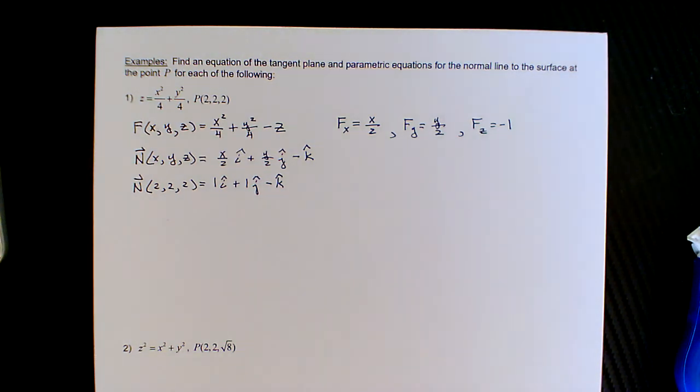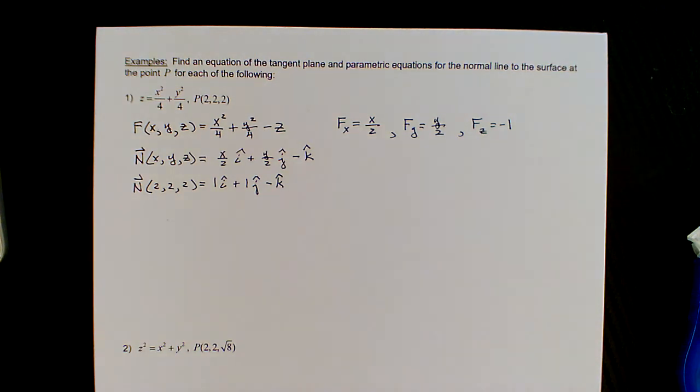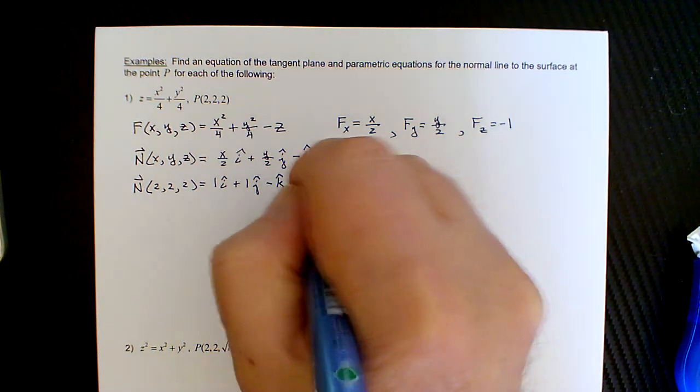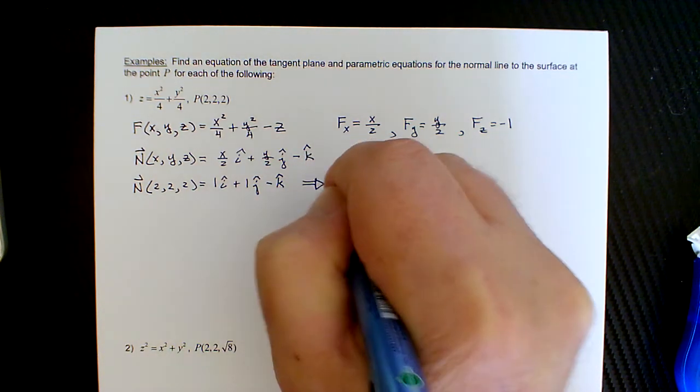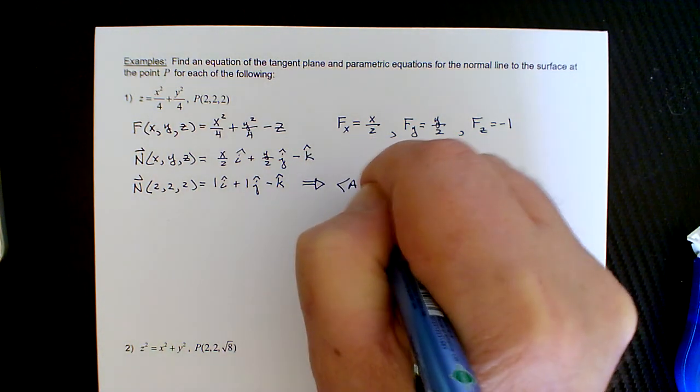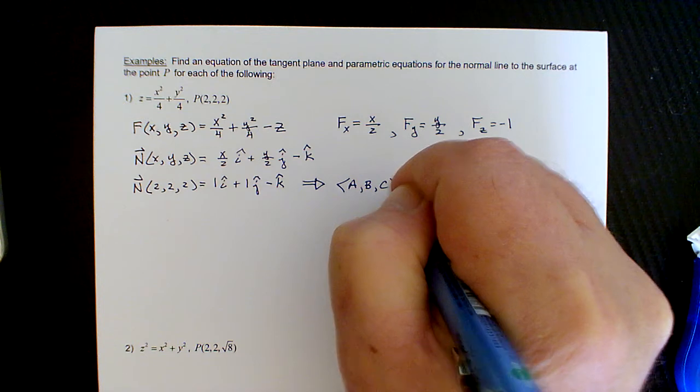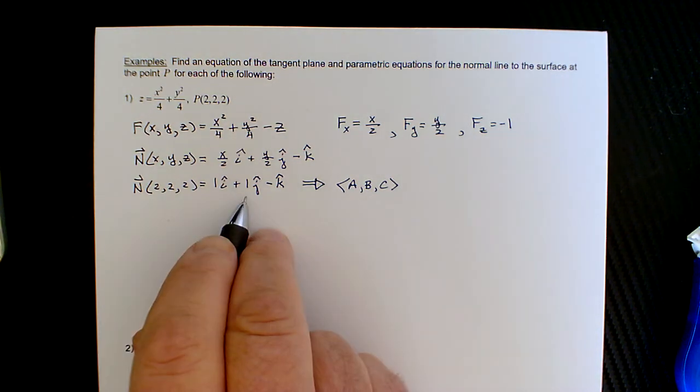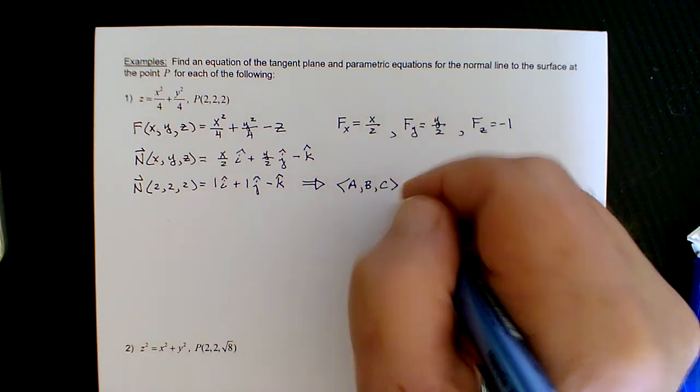So then that tells us that the normal vector in the form, let's say, of a, b, c. So this is a vector that's normal to the tangent plane.